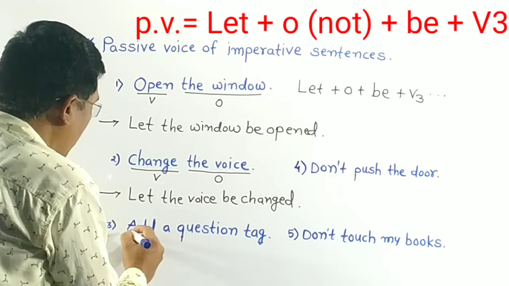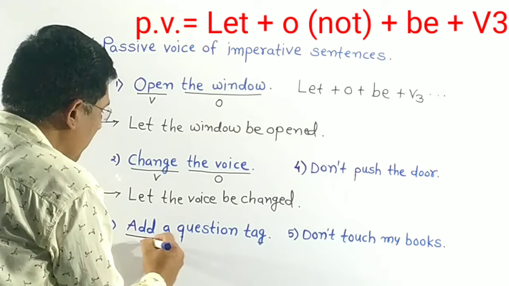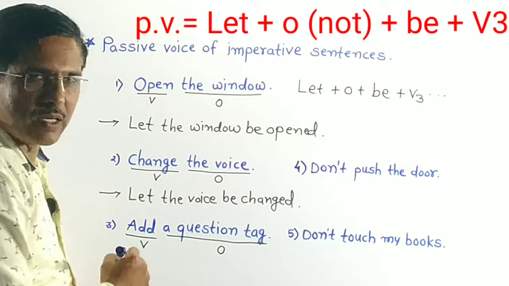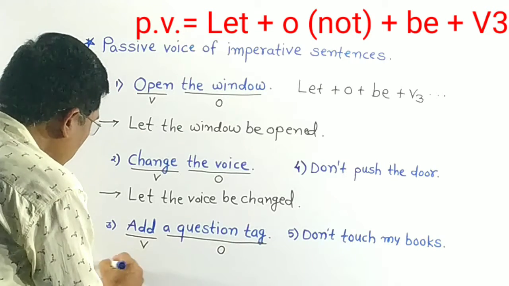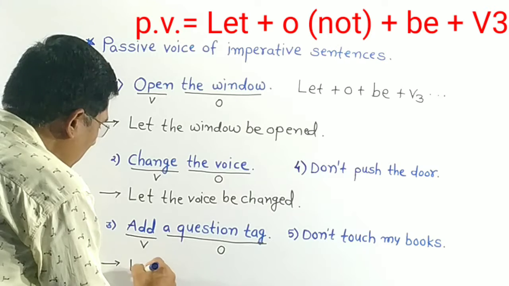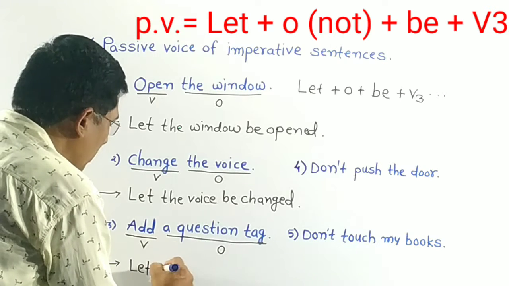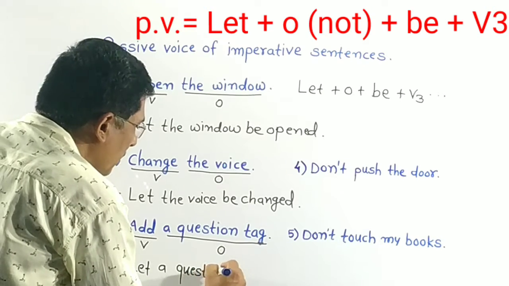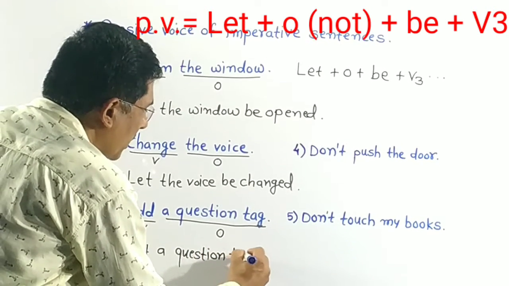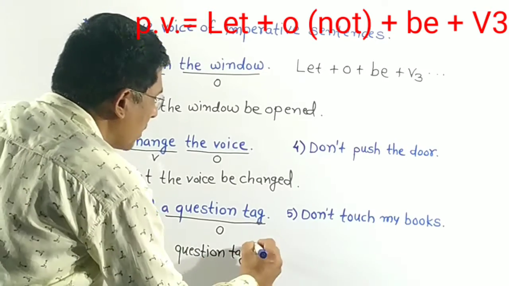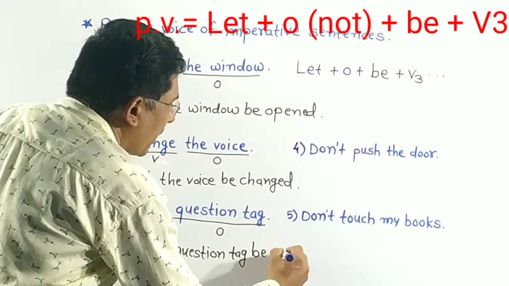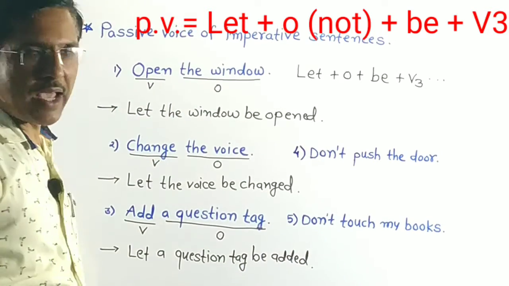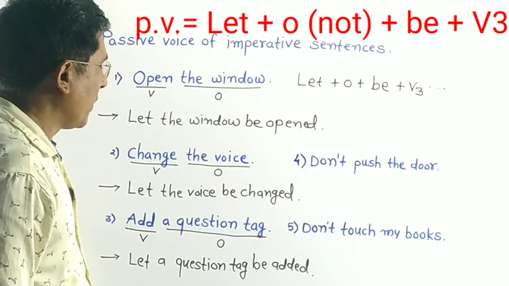Add a question tag. Add is verb here. A question tag is object. Take let in the beginning. Let, then object, a question tag. Let a question tag be added.